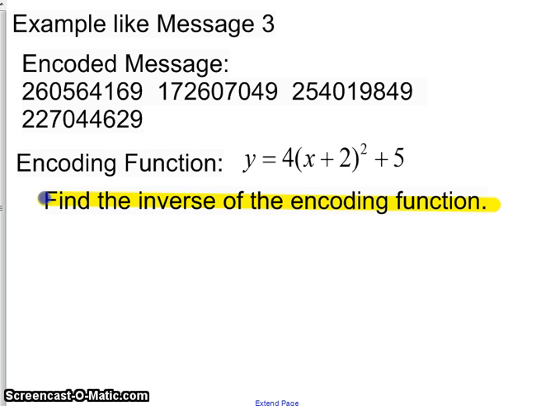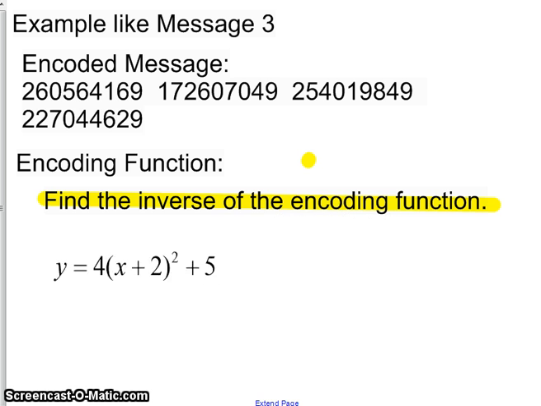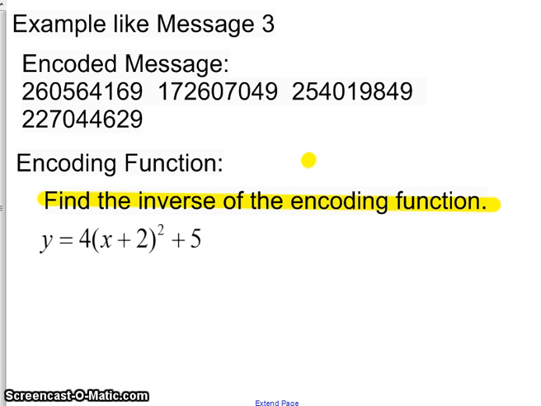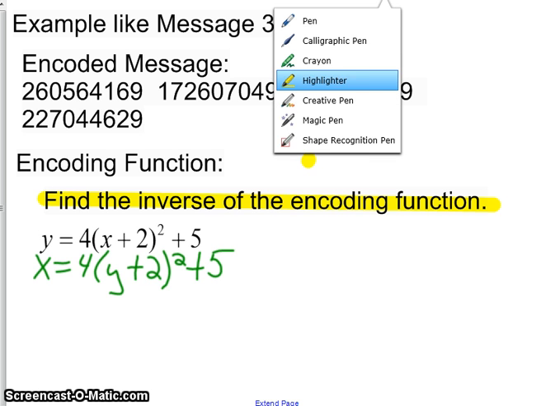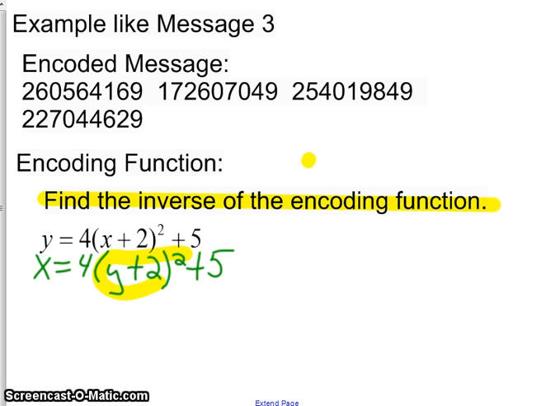So I'm going to take this equation, I'm going to substitute x and y, just switch x and y around. And now I want to get the y, or the square, all by itself, just like I did in the previous example.